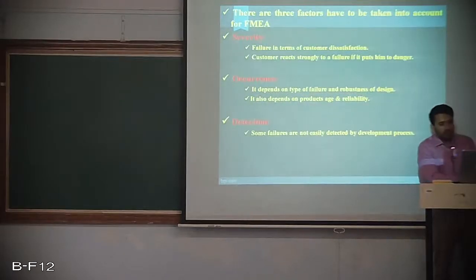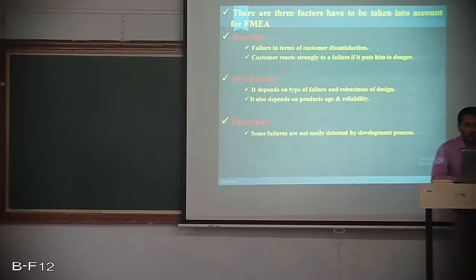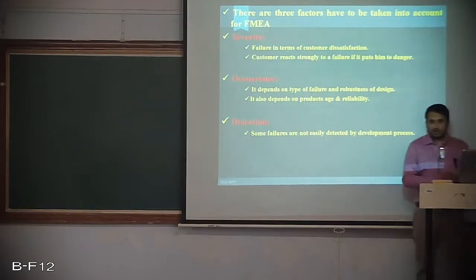There are three factors that are taken into account for FMEA: severity, occurrence and detection. In severity, failure is considered in terms of customer dissatisfaction. So how severe is it? The customer reacts strongly to failure if it puts him into danger. That is very severe.